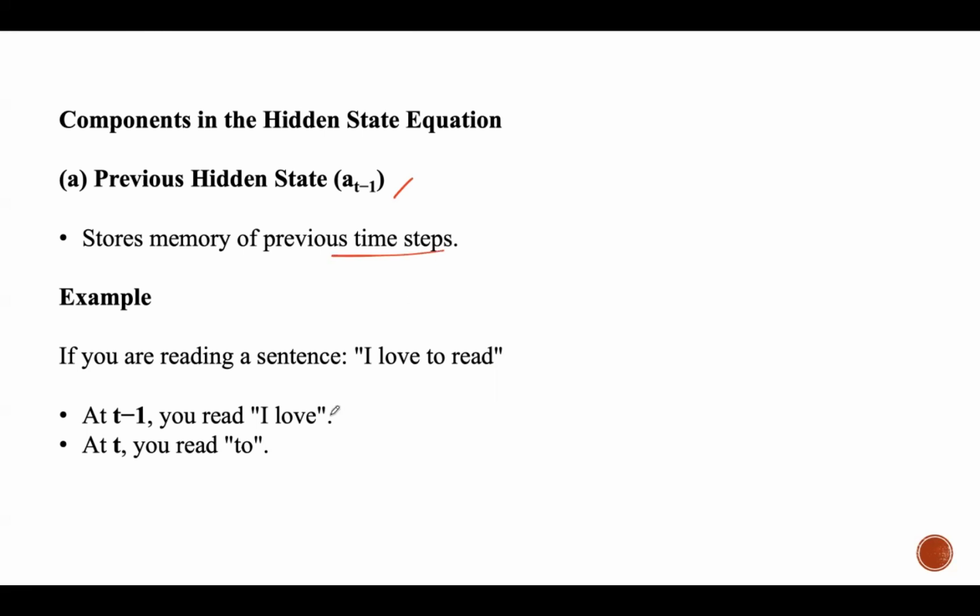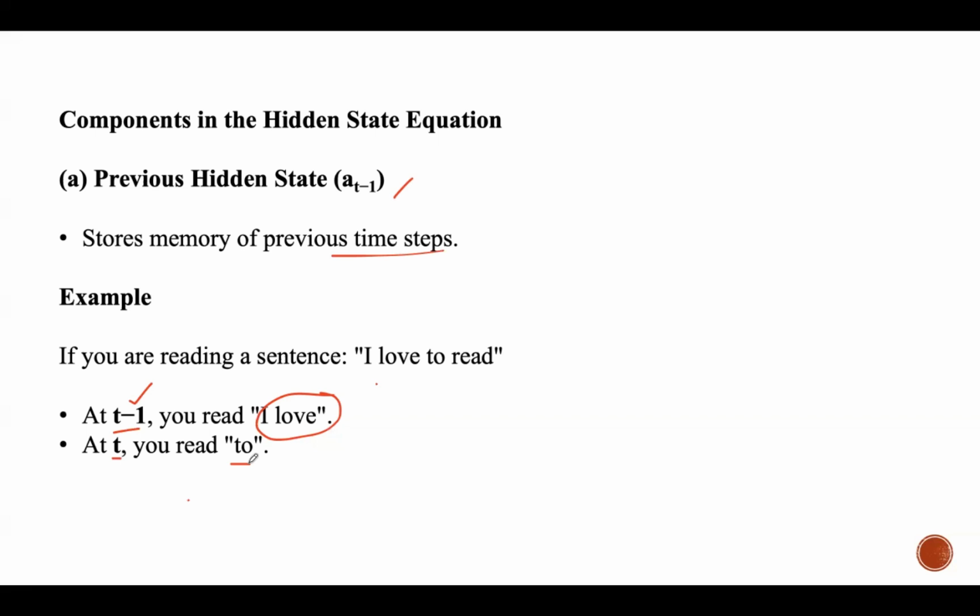Suppose you are reading a sentence like this: I love to read. At time step t minus 1, the RNN read these two words, I love. Then at time step t, based on the previous time steps, it should read the next word as to. In that way, the previous hidden state captures past dependencies and is used to compute the current hidden state.